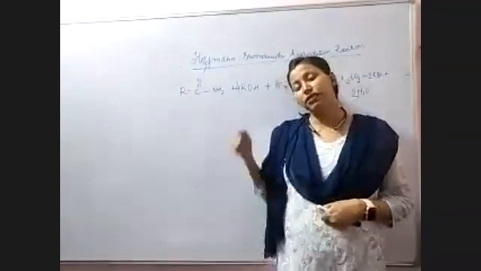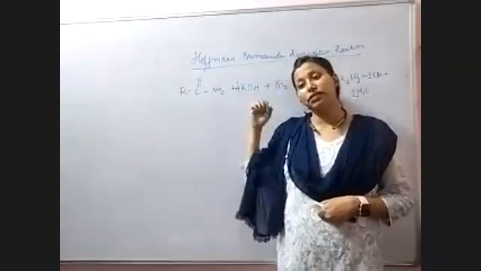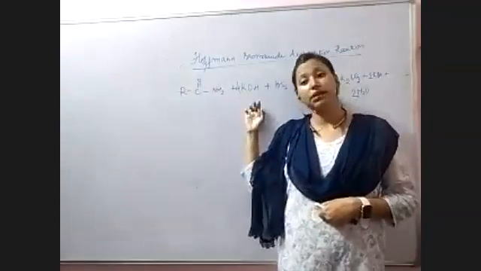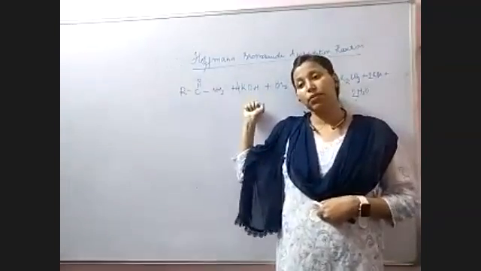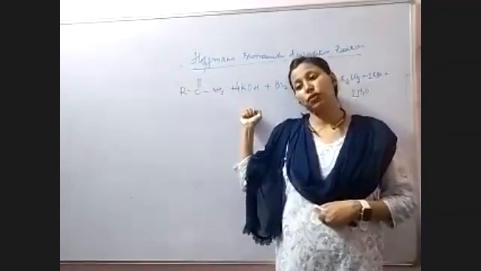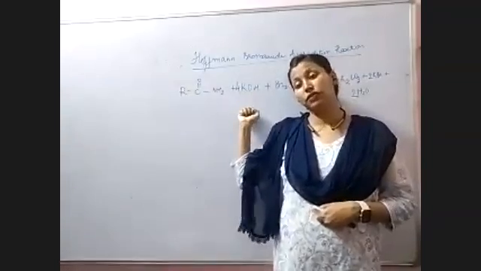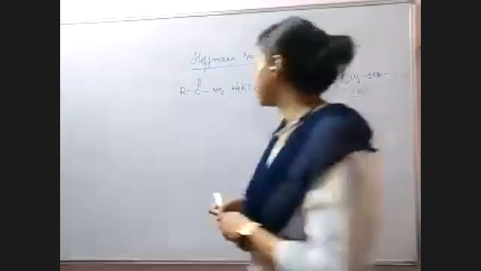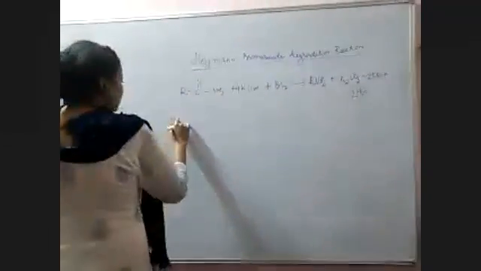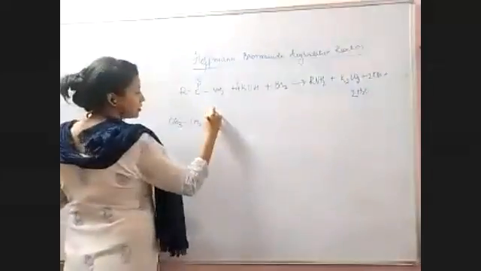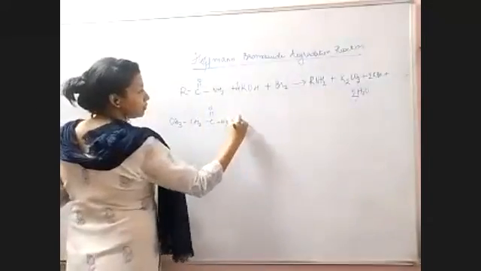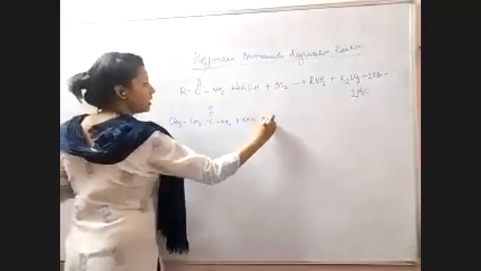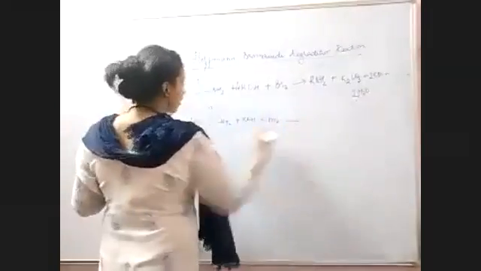I'm telling you, this is one of the most important reactions in the amines chapter. Before exam, तो इसको देख के जाओ. This is CH3, CH2, C double bond O, and NH2, plus KOH and Br2.